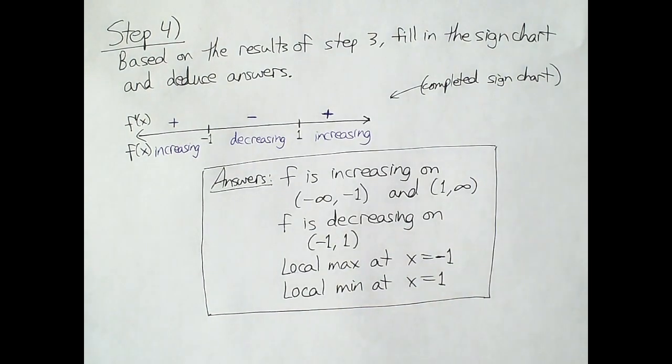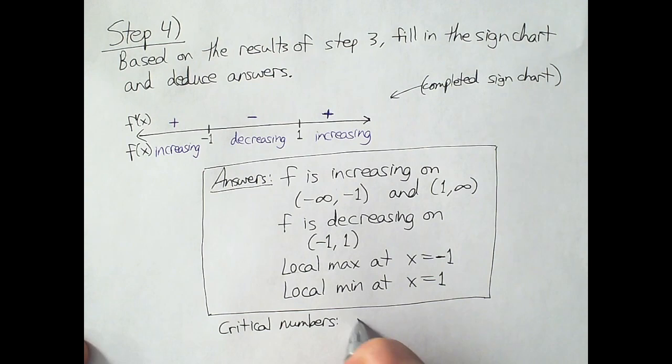By the way, one other thing that these problems sometimes ask for, this one I guess didn't ask for it, but sometimes a problem might say find the critical numbers, and that would be included as part of the answer. So I'll just write them anyway. The critical numbers we found in step 1 were x equals -1 and x equals 1.